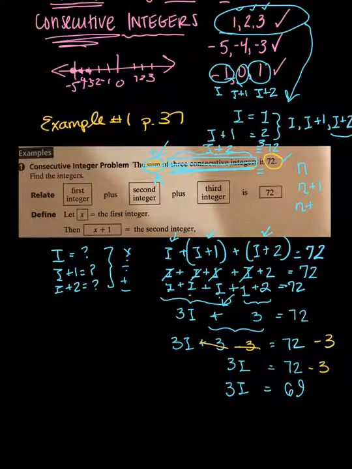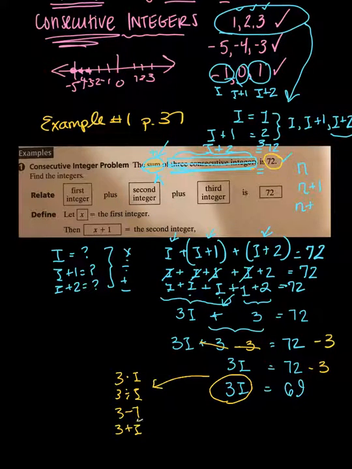69. All right, now I've got to look at what I'm doing over here. 3I, is this 3 times I, 3 divided by I, 3 minus I, or 3 plus I? Hopefully you recognize it's not either one of these, because they're back to back. And back to back also can't be division. If I have 3I written like this, it's multiplication.